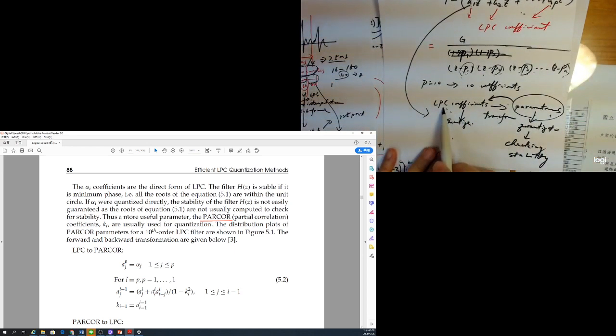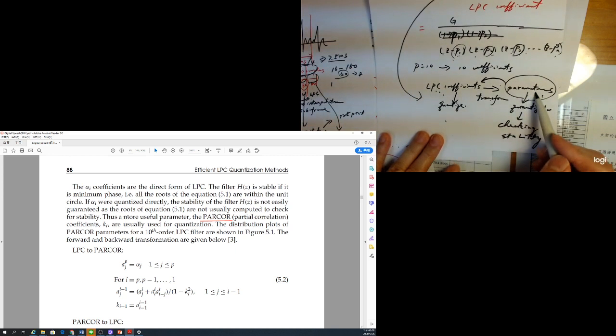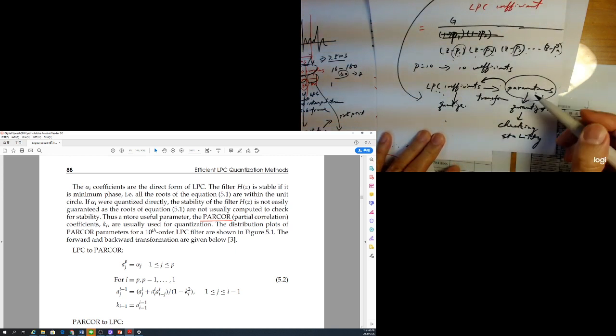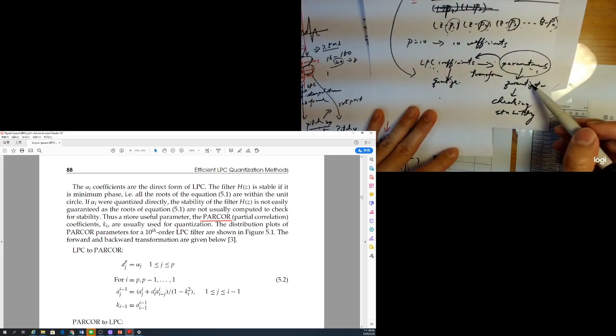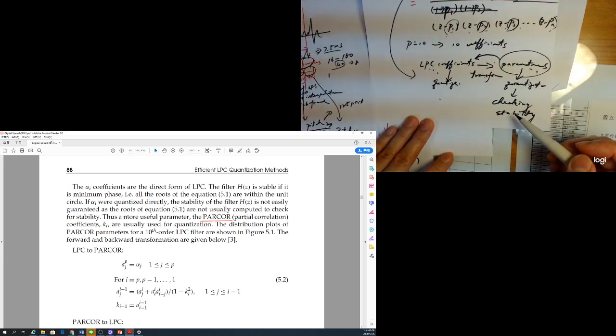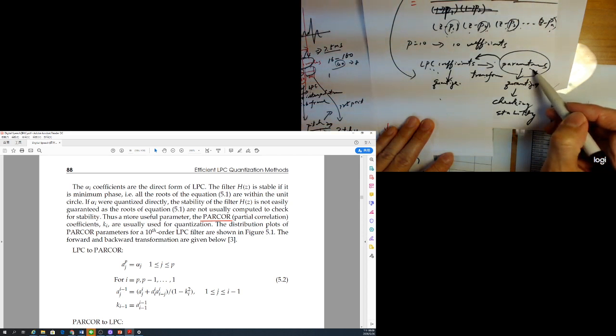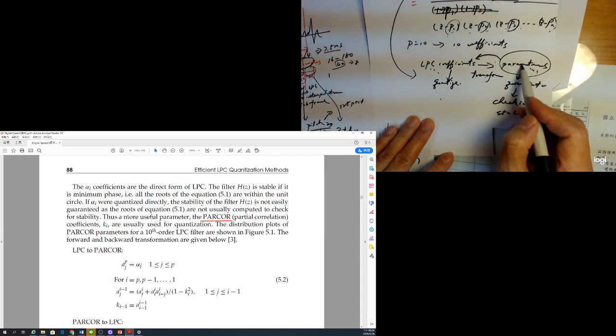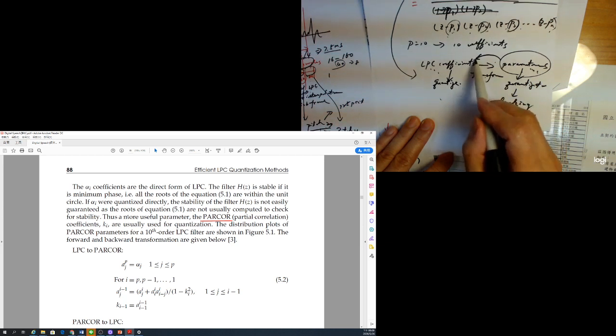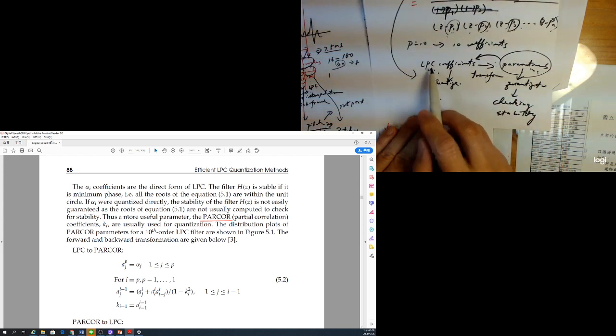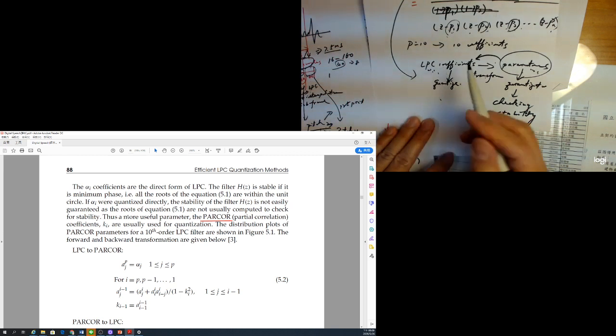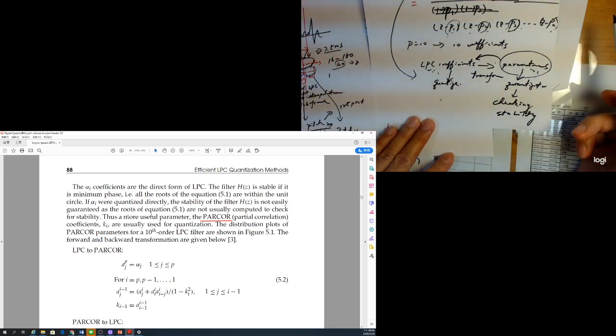The LPC coefficient is transferred to another parameter, and based on that parameter we do the quantization, and during the quantization we can check whether it is stable or not. Once we get a quantized parameter, it will also be stable. In the decoder, the quantized parameter can be inverse transformed to become LPC coefficients, and then you can do the short-term prediction to recover the signal.